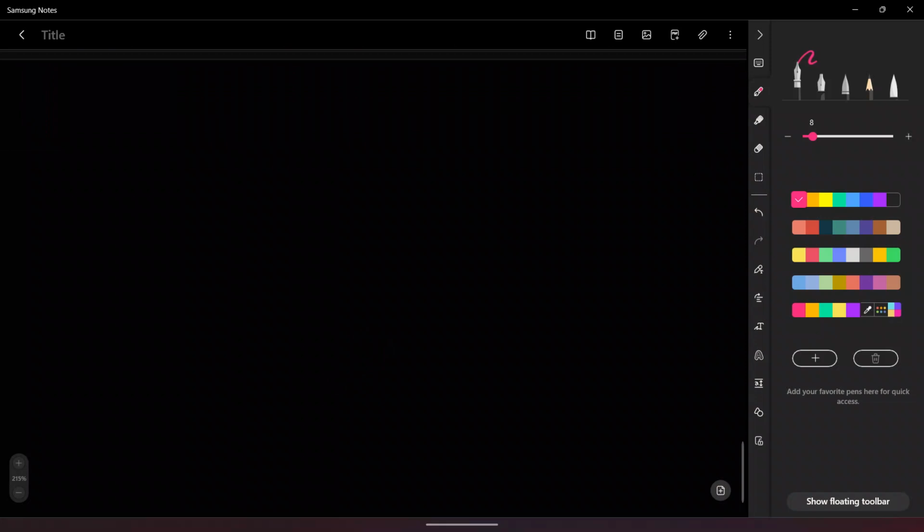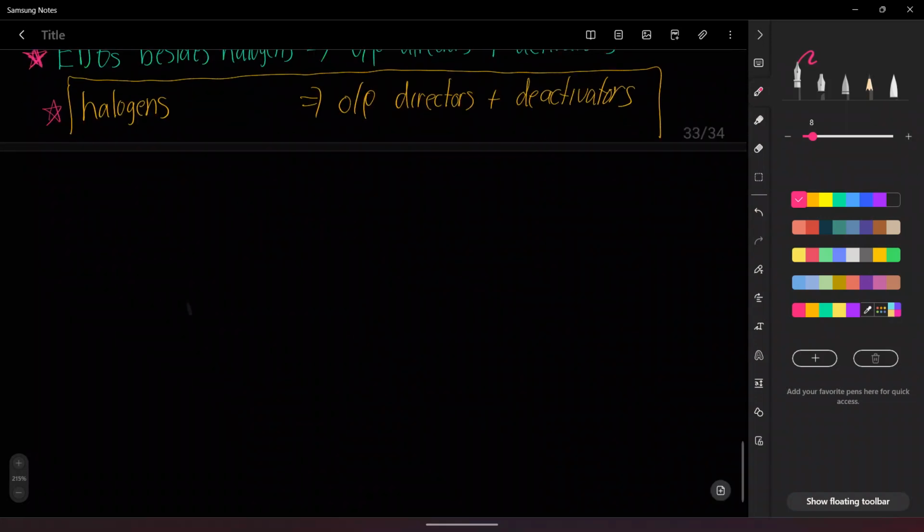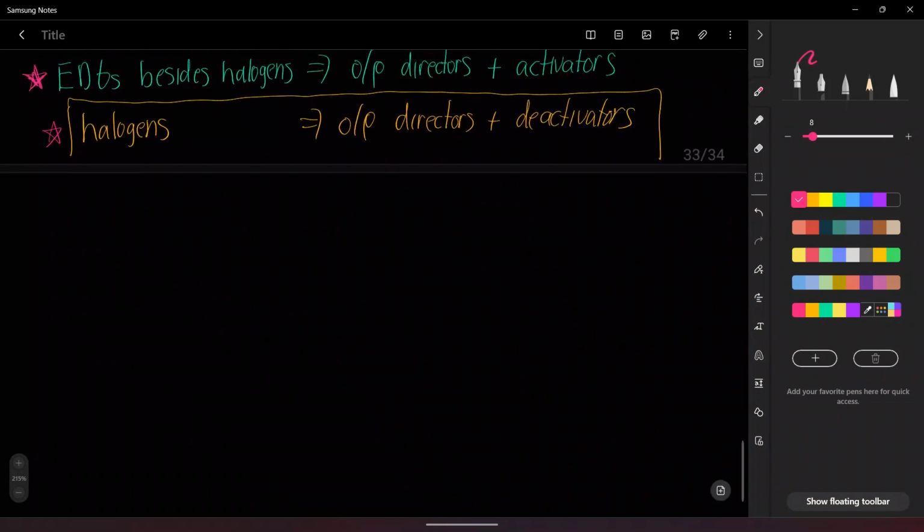Okay, so let's talk about some "downsides." But I'm going to put these in quotation marks because they're not really downsides, because there's ways to get around them.